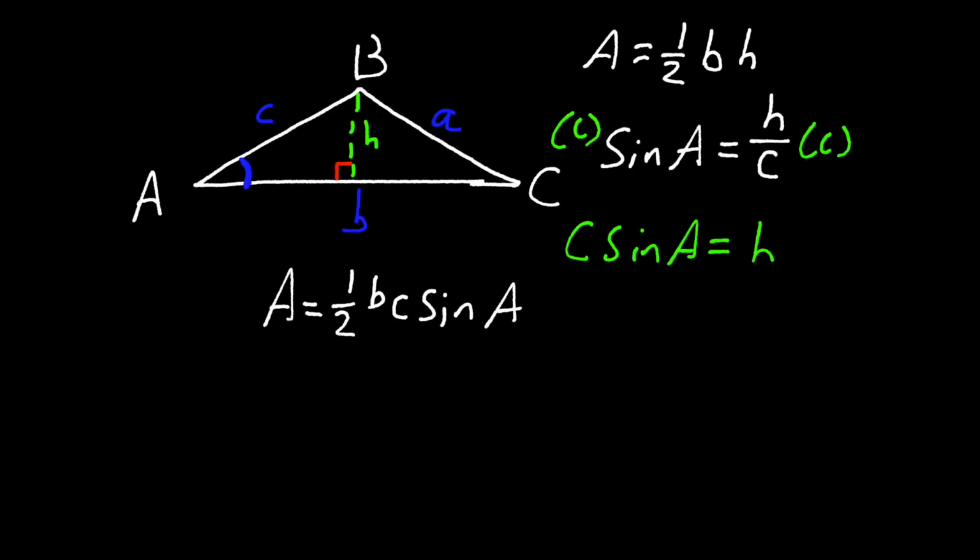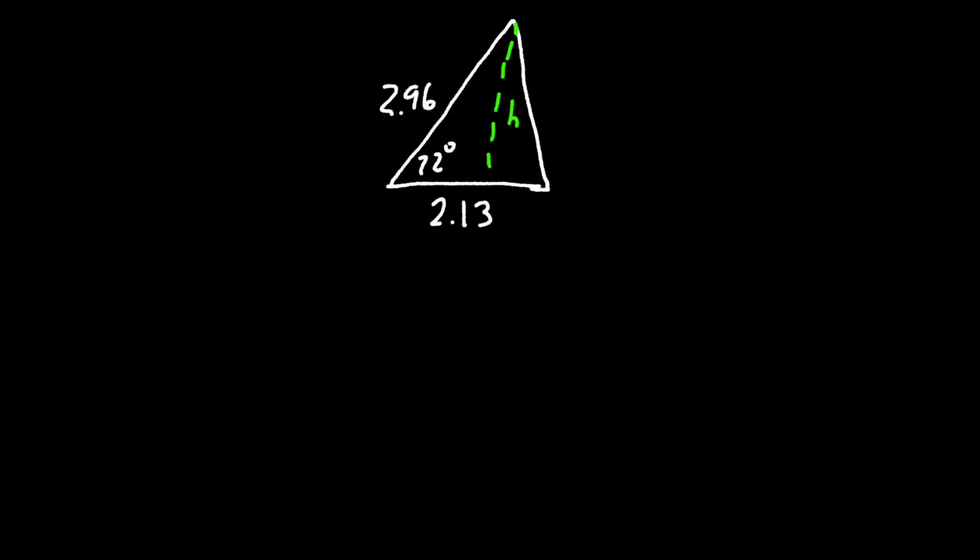So let's try an example of this. Let's use this formula right here to find the area of one of our triangles. So here's my triangle. I'm going to call this angle down here A, so this is side A. Actually, sorry, we called this C before, so this is side C, and up here is angle B and side B. So what do I know in this triangle?